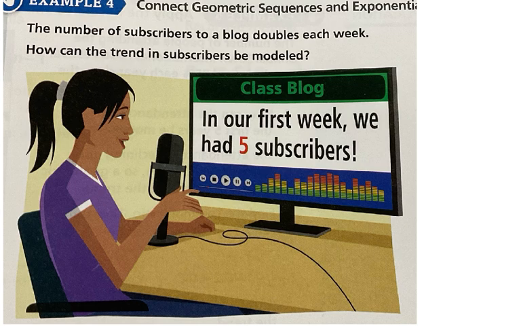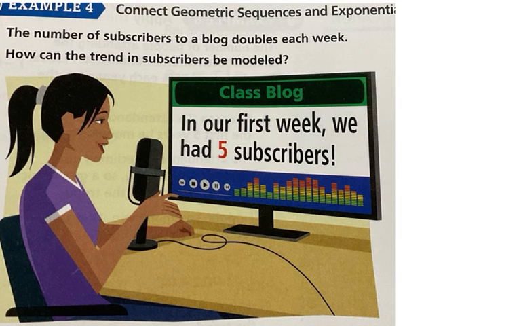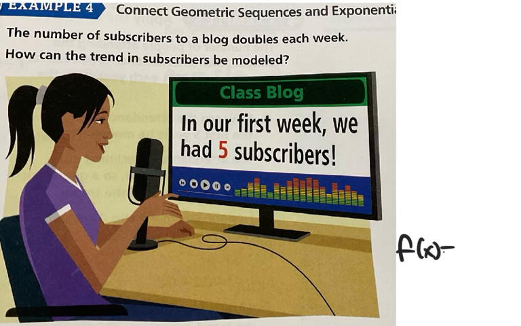And if it doubles each week, that means 2 is the r value. So if I needed an equation to model the situation, I could say f of x equals 5 times 2 raised to the x minus 1.